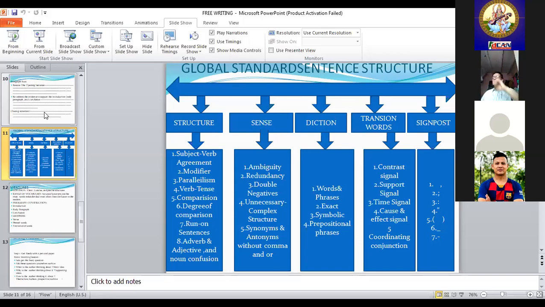These are the things you have to understand about diction. And transition words, contrast and compare signal words, support signal words like although, even though, because, but, systematically or subsequently. All these are adverbs and adverbial cases to be written always in a proper way. Support signal, time signal. There are many signal words, ladies and gentlemen.